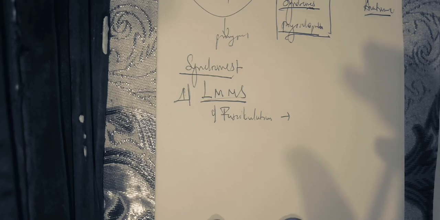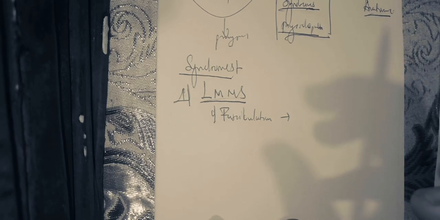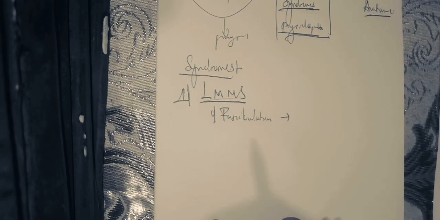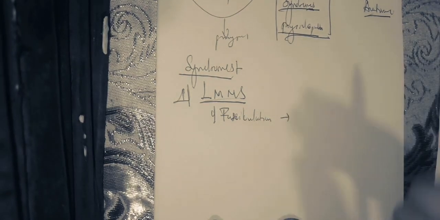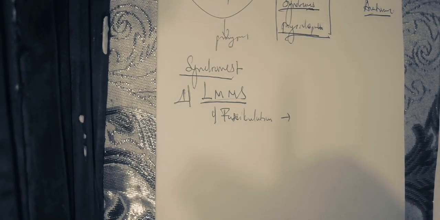You have rhythmic contraction of muscles. So you just see the muscle contracting by itself. That's a fasciculation. Fibrillation is when there is a contraction of only one muscle cell, and that one is only detected by an electroneuromyogram.